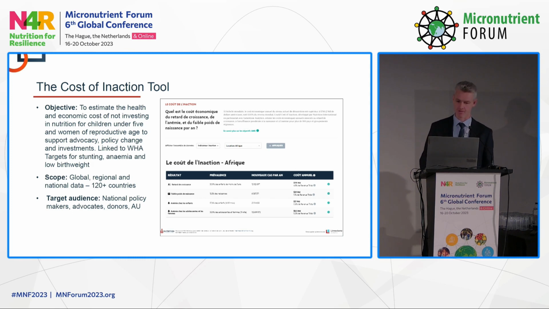So this tool, in a very user-friendly way, simply tries to answer the question: what is the cost of malnutrition, stunting, anemia, and low birth weight in every country in the world, or regions, or globally? And we believe that's powerful data for not only advocacy groups, but policymakers and others who can use it in their advocacy or budget briefs or program planning.